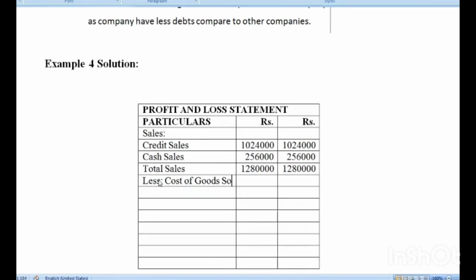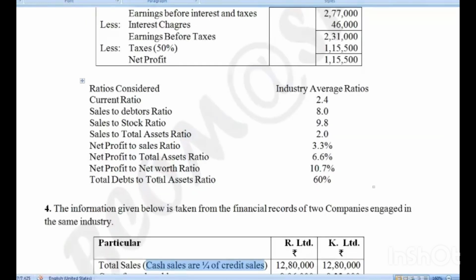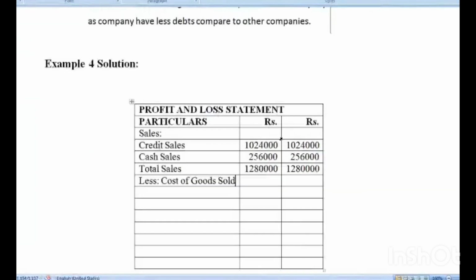So cost of goods sold is given to you. Cost of goods sold is available here: 8 lakh 96,000 and 8 lakh 32,000. Minus it, then the answer is known as gross profit.